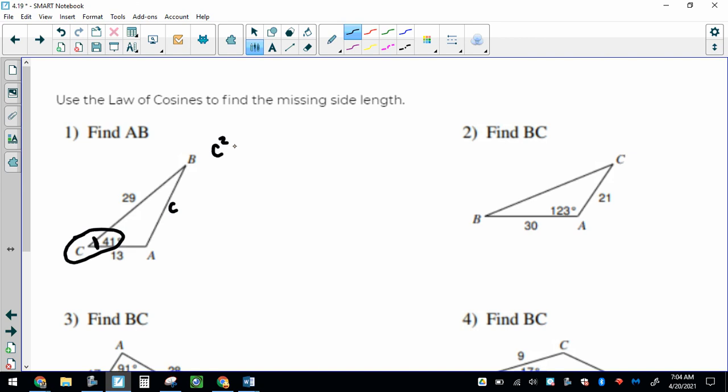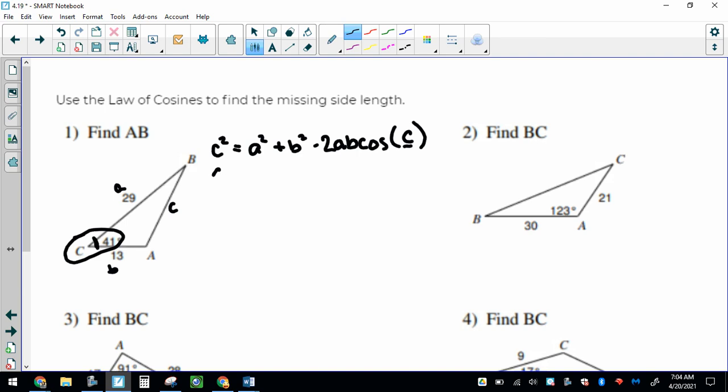So this is c squared equals a squared plus b squared minus 2ab cosine C. Across from the big A is the little a, across from the capital B is the little b, and from here it's plug and chug.